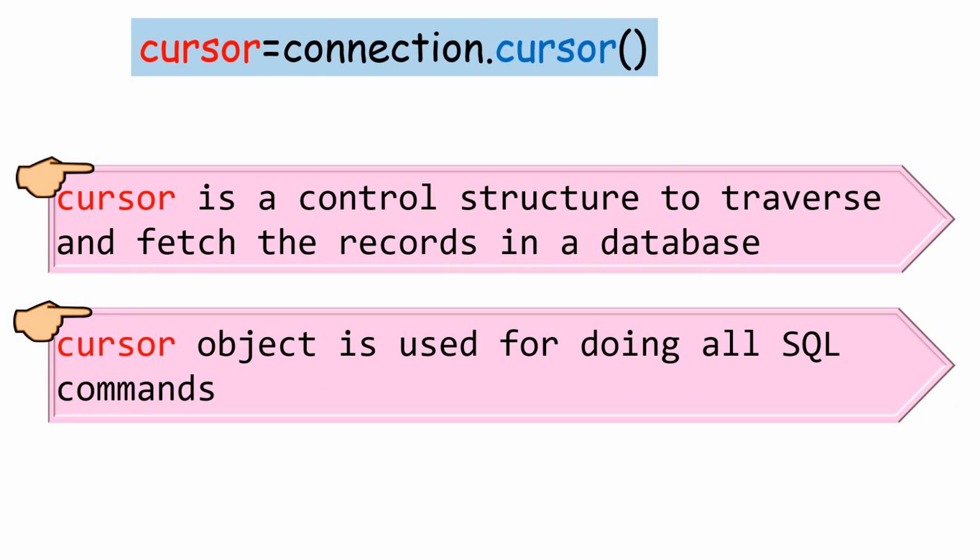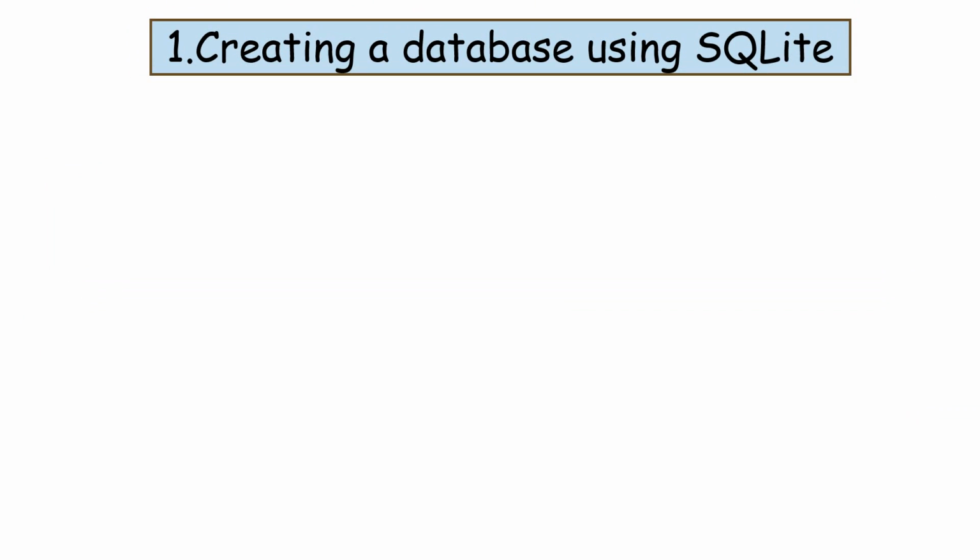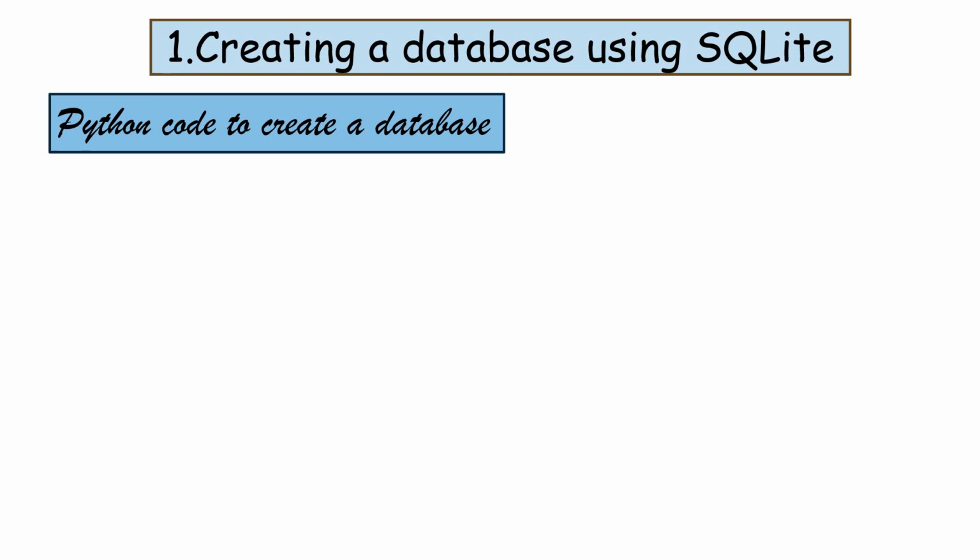Next, I will show you how to write the Python program using SQLite. In that, the first step is creating a database using SQLite. The Python code to create a database: you have to follow the 3 steps which I showed you earlier. The first step is import sqlite3.